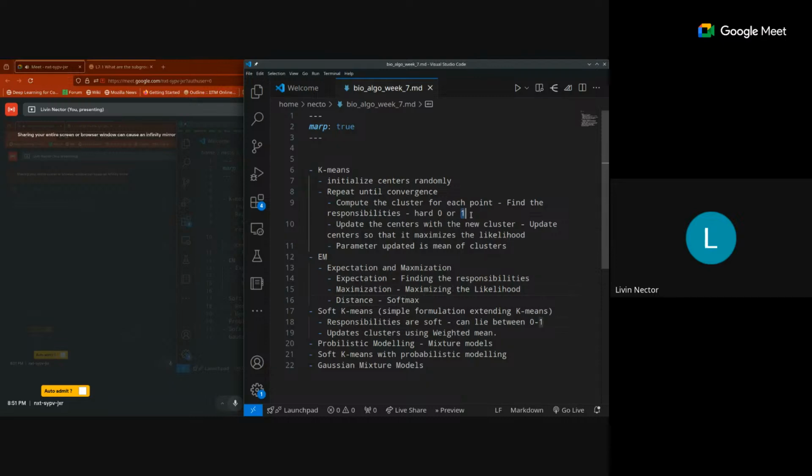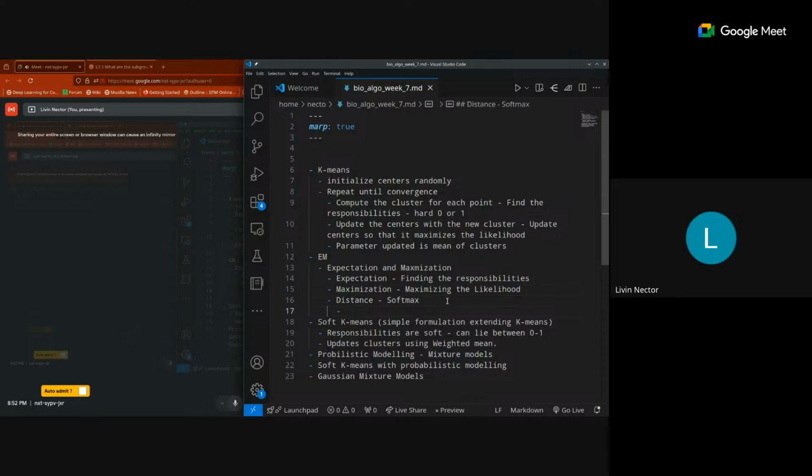What we do in k-means is kind of a hard max: we only pick the cluster center with the smallest distance. So it's very hard. Here we do something called a softmax. The softmax function will be something like this.